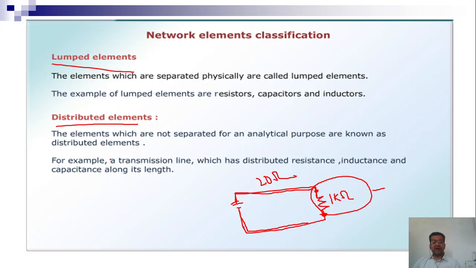Similarly, a transmission line runs with ACSR conductors, and that conductor also offers certain resistance, inductance and capacitance. These are not physically present as separate components, but technically they are present. So we call it a distributed element. Is the lumped parameter and distributed parameter clear?